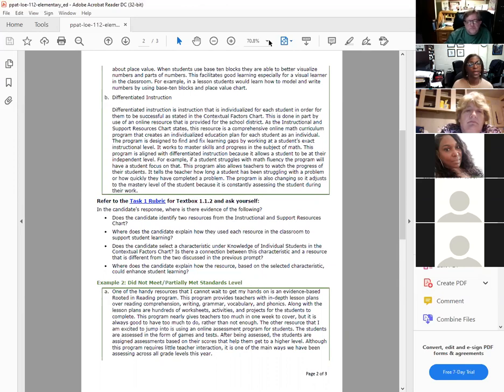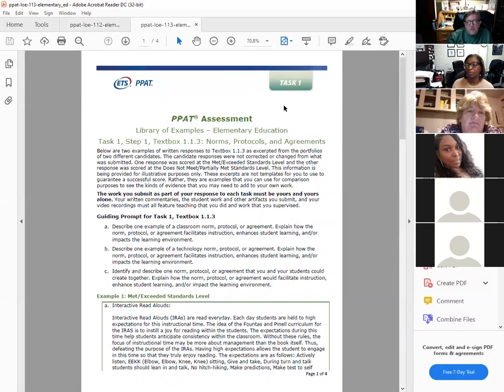Dr. Bell, on the bottom of this one that you've got, it said example 2 did not meet or partially met. I thought you said last week, don't pay any attention if they didn't meet them. I wouldn't. Now, if you want to see what it looks like when it's not met, you go right ahead. I wouldn't even put that in my mind.